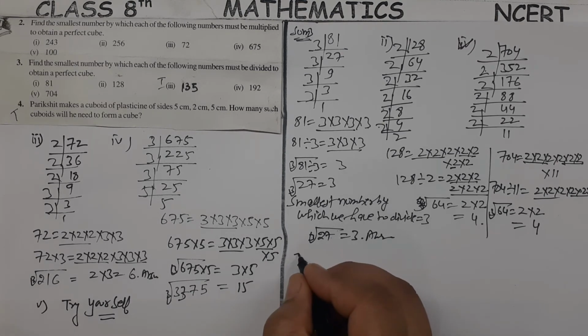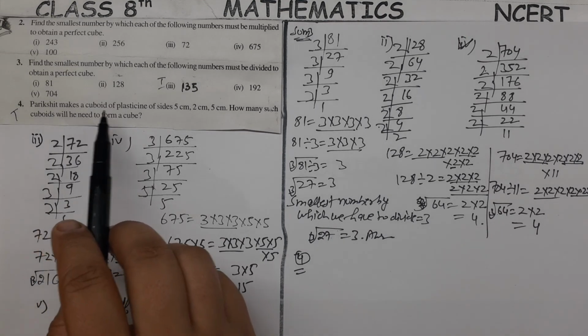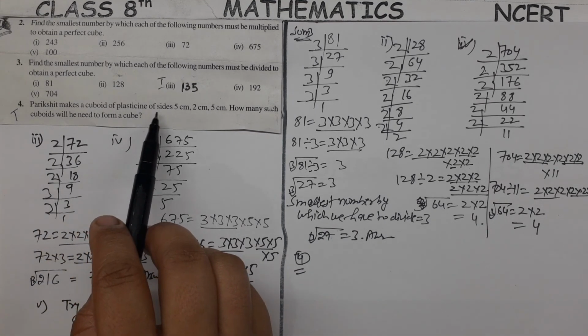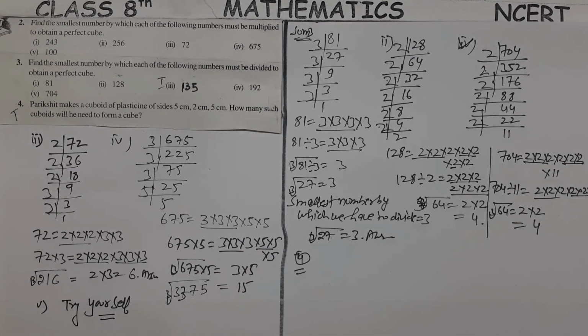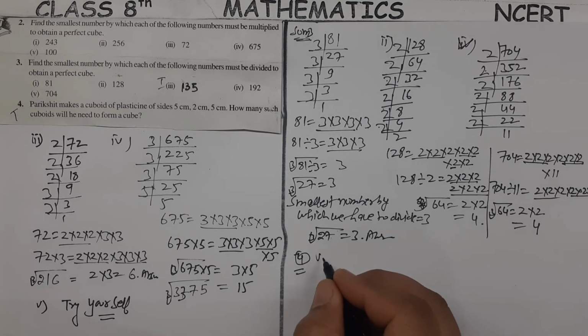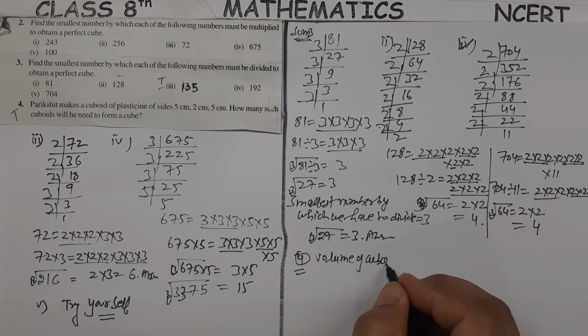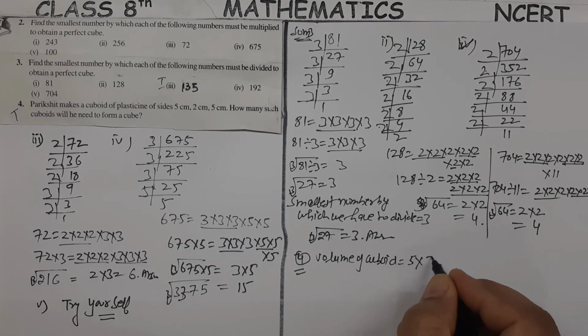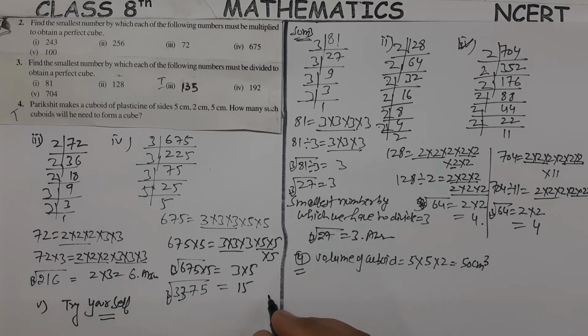Now the next is question number 4. Parikshit makes a cuboid of plasticine of sides 5, 2, 5. How many such cuboids will he need to form a cube? Volume of the cuboid we have is 50 centimeter cube.